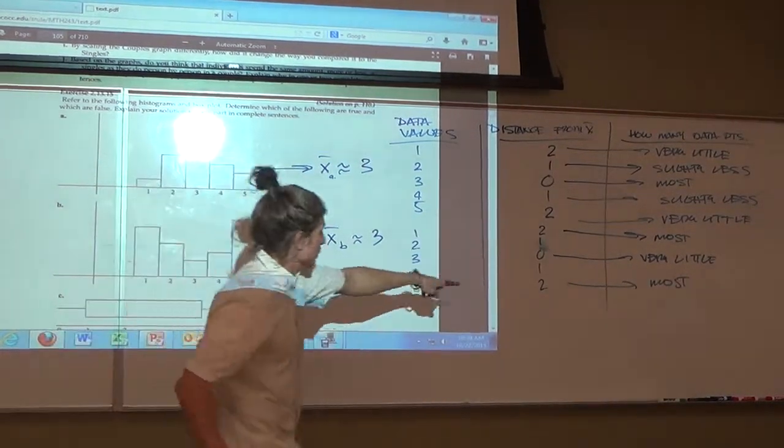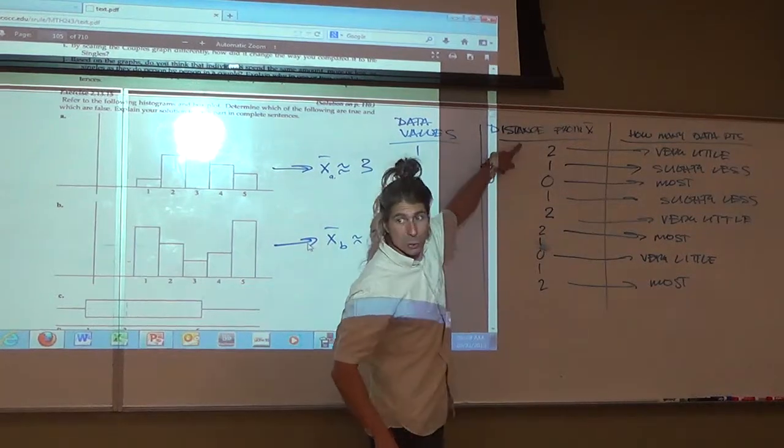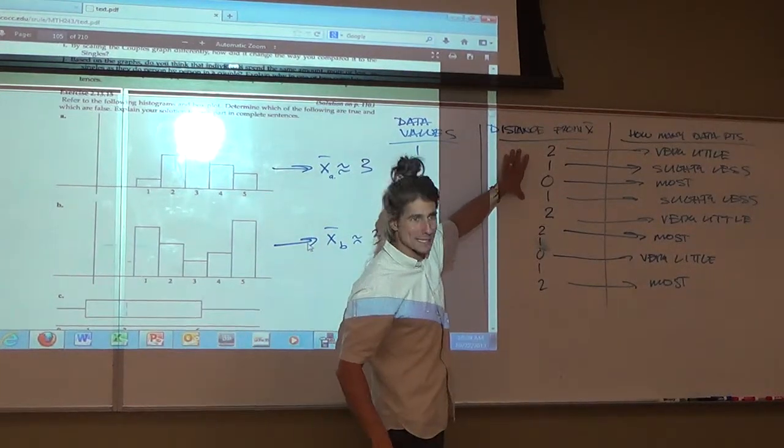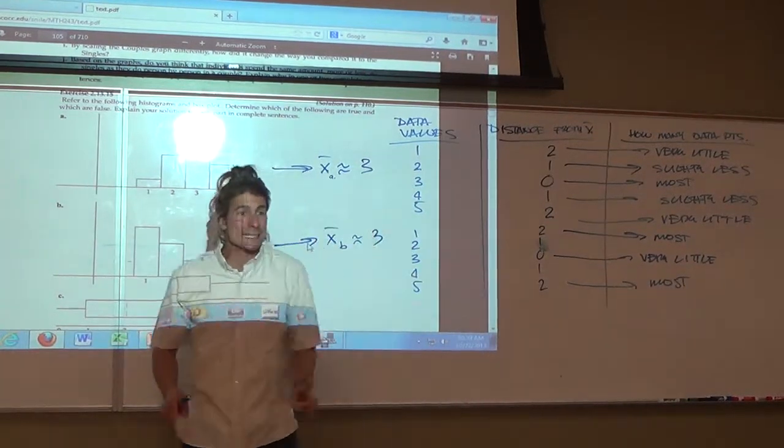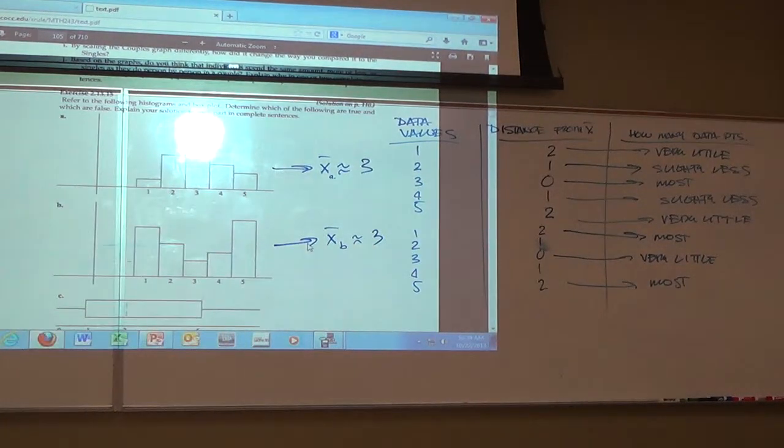They both have distances of 2. But this one has far fewer distances of 2 than this one does. This one has more distances that are larger. So by definition, it has to have a higher average, because the numbers are bigger that you're calculating the average of. And then you're saying to yourself, what the hell? We're talking about standard deviation, not average.